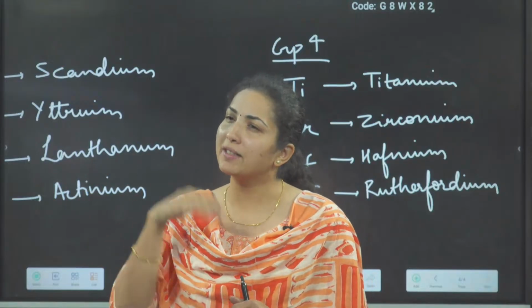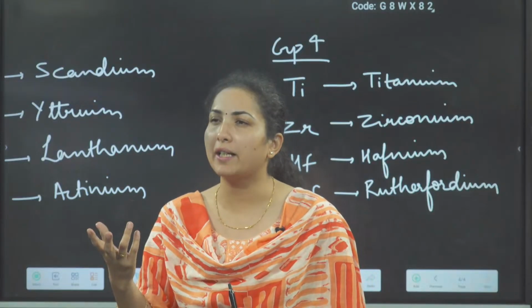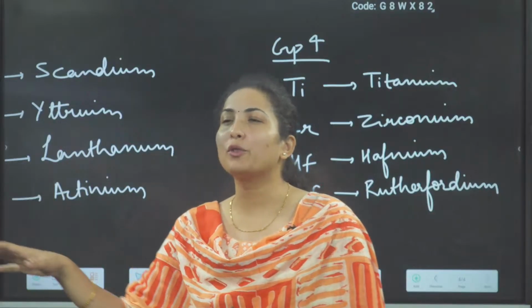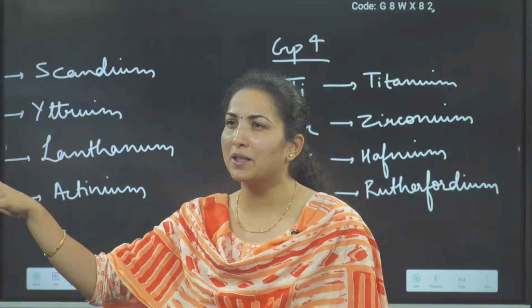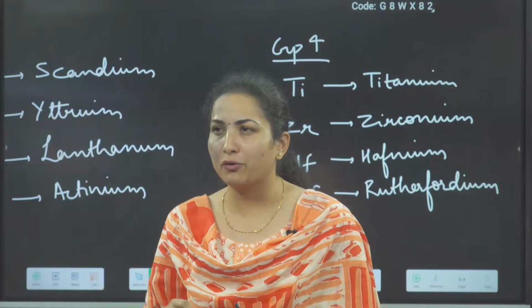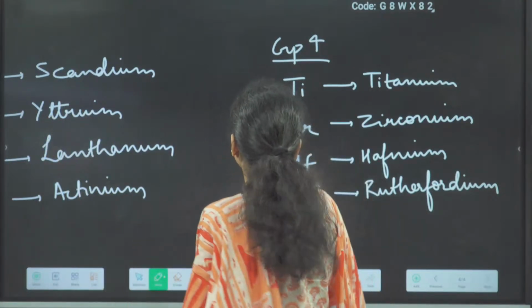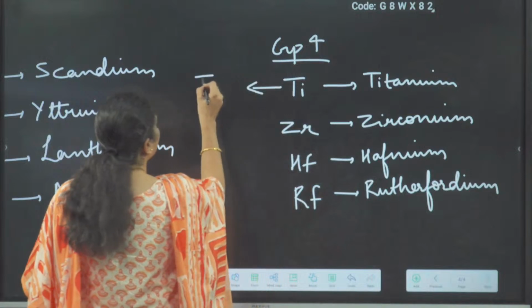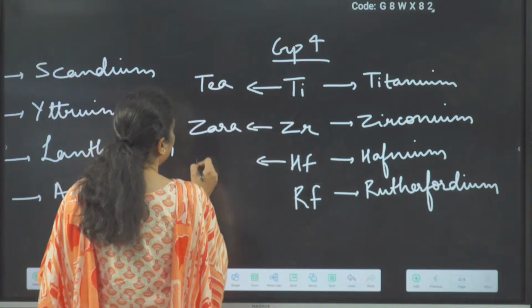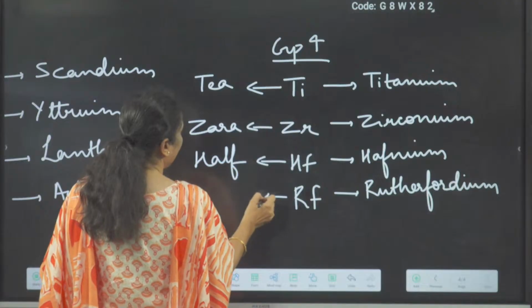So he has kept his name on the name of a scientist, which is Rutherford here. So you are sitting along with your friend and you are asking that person, hey Rutherford, can you bring just half cup of tea, right? Tea zara half Rutherford.